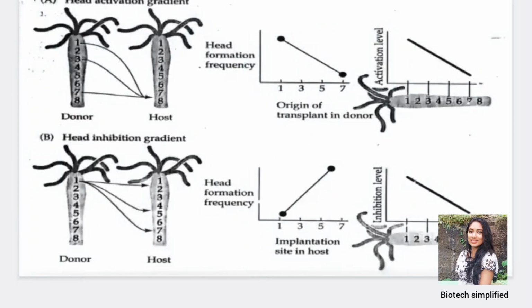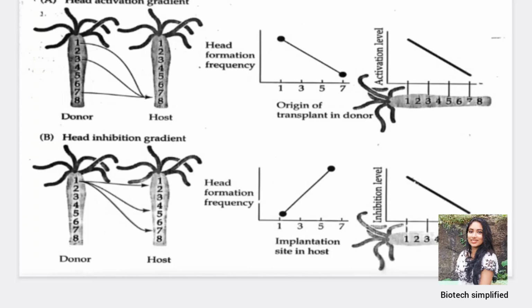What might be the conclusions obtained from these cases? The first conclusion is that there is some substance present in the head which leads to secondary axis development, that is, which leads to head development along with the parent axis. Similarly, there is some substance present in the foot which leads to a secondary axis along with the parent axis.